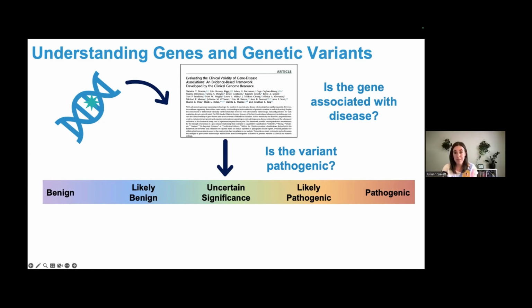If we don't know a lot about that gene, then that genetic change will always be classified as uncertain because we still have a lot to learn. But if we know that that gene has a relationship to health and disease overall, then we can ask more questions about that specific genetic change, that specific variant, and how it might be impacting how that gene works in the body. So if I have a change in a BRCA1 gene, then I know, yep, that's tied to disease, and I can ask more about that specific genetic change.